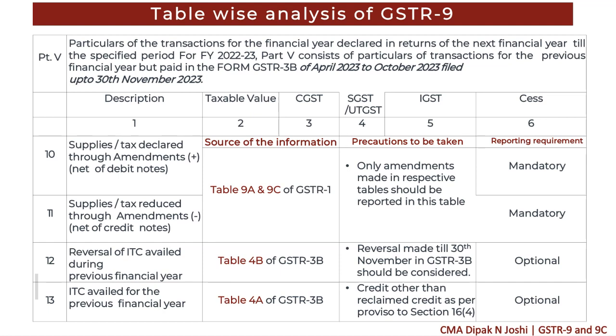So all such reversal information in respect of such invoices on which you have availed credit in 22-23, you are required to mention in table 12 of GSTR 9.